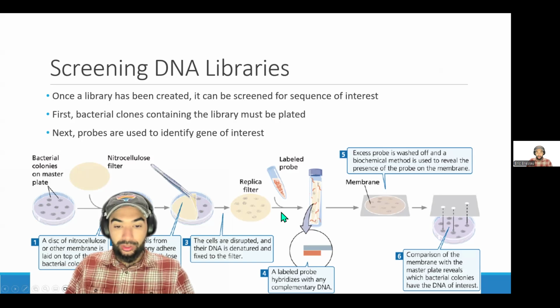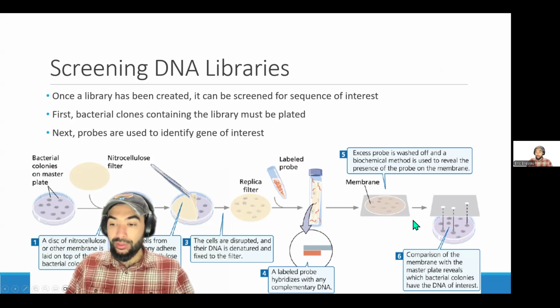We'll remove that filter, and it forms like a map of our colonies. We'll put that filter into a tube in which we add probe, and that probe is complementary to that sequence we're interested in. We'll add the probe into our sample, and it'll bind or hybridize with the sequence of interest if it's found in any of the colonies.